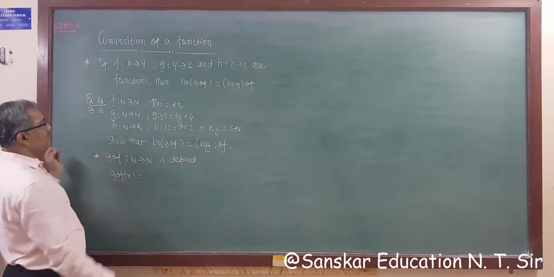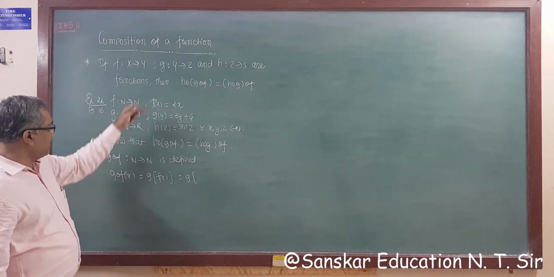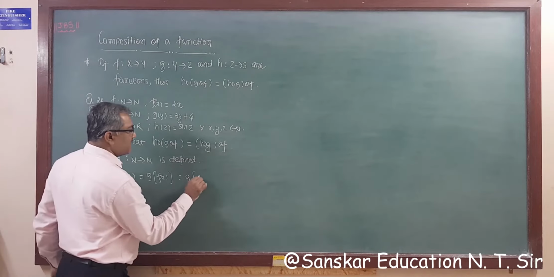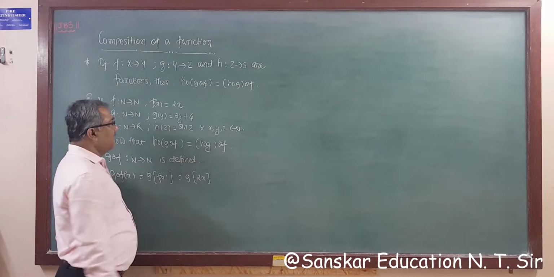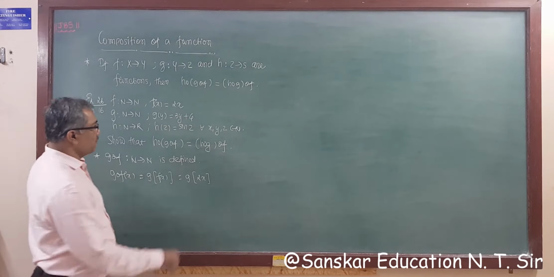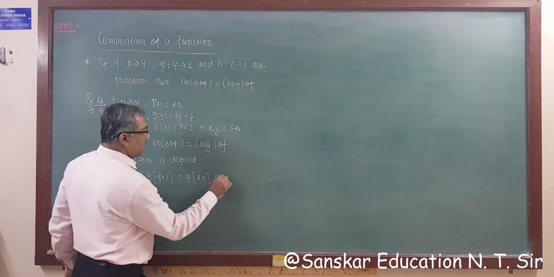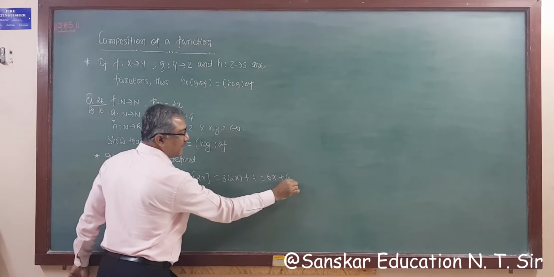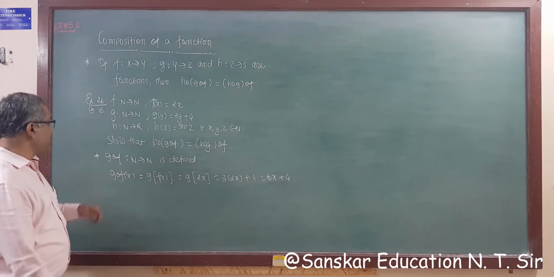Now what is f(x)? f(x) is given as twice x. So this is g of 2x, and g(x) is 3 times x plus 4. So what is our answer? 3 times 2x plus 4, that is 6x plus 4. We get 6x plus 4, that is g over f.